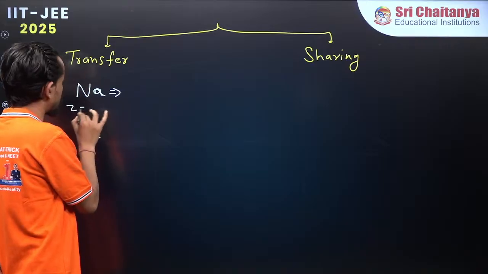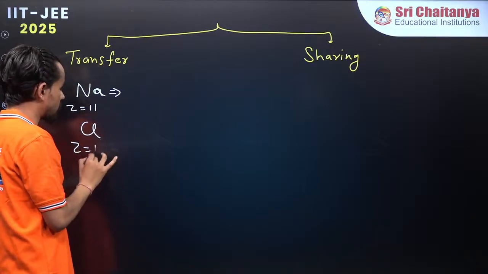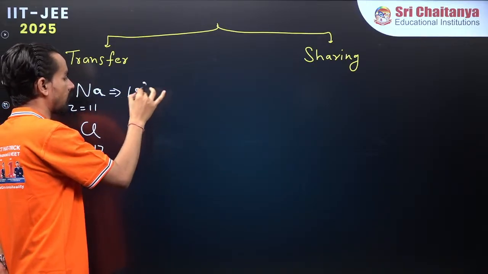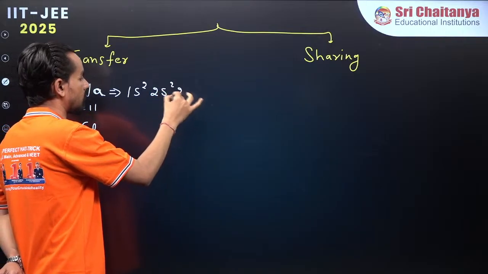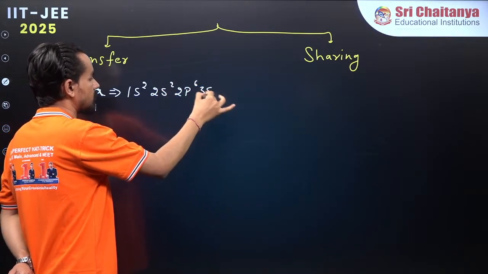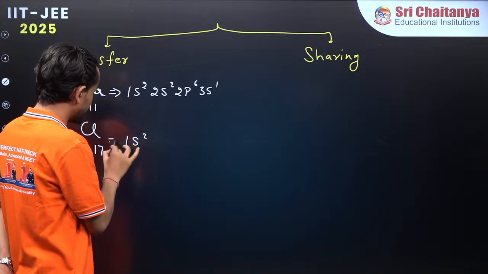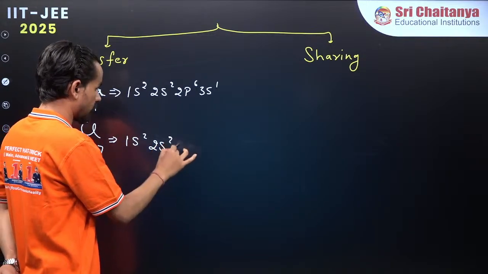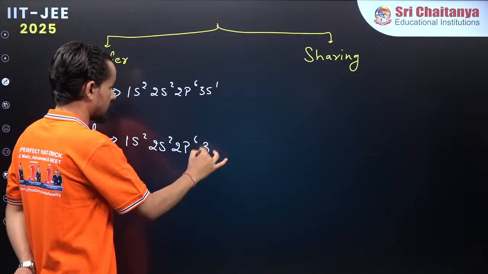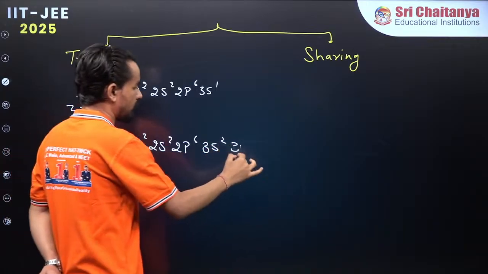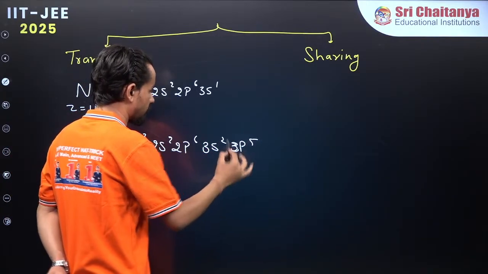You know, Z is equal to 11 and Z is equal to 17. Configuration is 1s2, 2s2, 2p6, 3s1. Is it okay? Similarly, 1s2, 2s2, 2p6, 3s2 and 3p5. Is it okay?